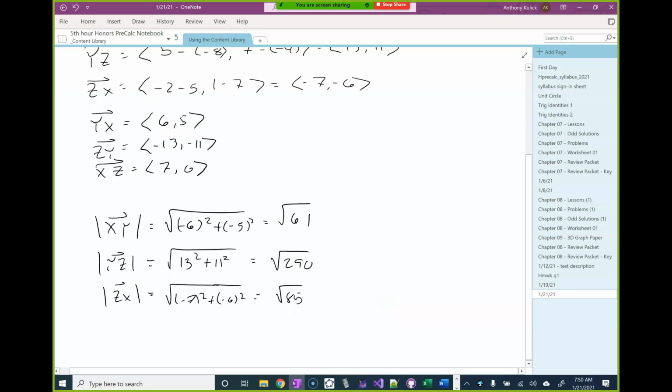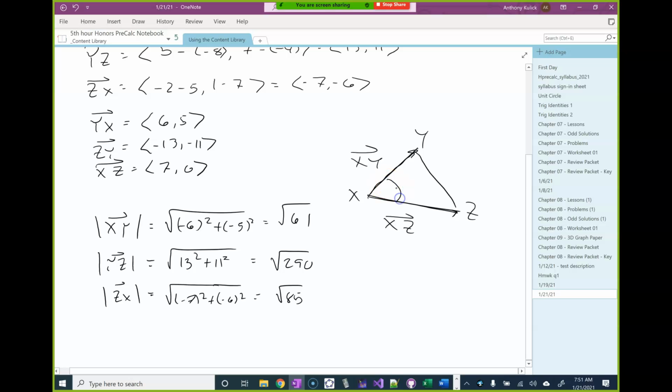Cool so far? Okay. Now if I want the interior angles of my triangle, x, y, z, obviously this isn't to scale, if I want angle x, I need the vector xz and the vector xy, right?